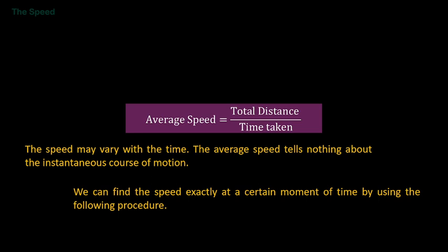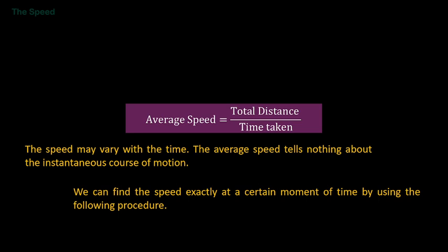So an object has different speeds at different moments. It has a unique value of speed at any particular moment, and the speed changes from one moment to the other. So the correct way of asking the question is: what is the speed of a falling object at a particular moment, because it changes from one moment to the other.